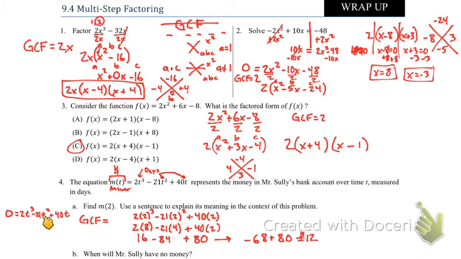They all have the letter T, so I picked the lower power one, which is just T, and I'm going to divide that out. Okay, so now I have 2t squared minus 21t plus 40. And then I have t in front.